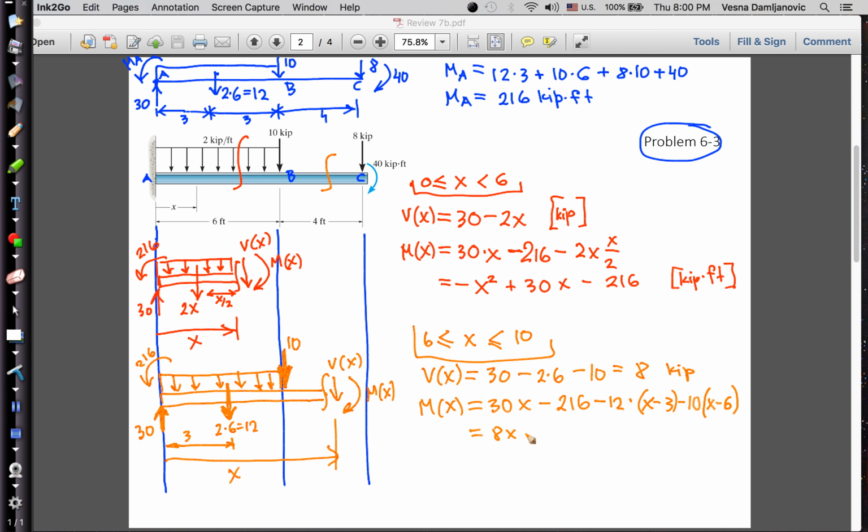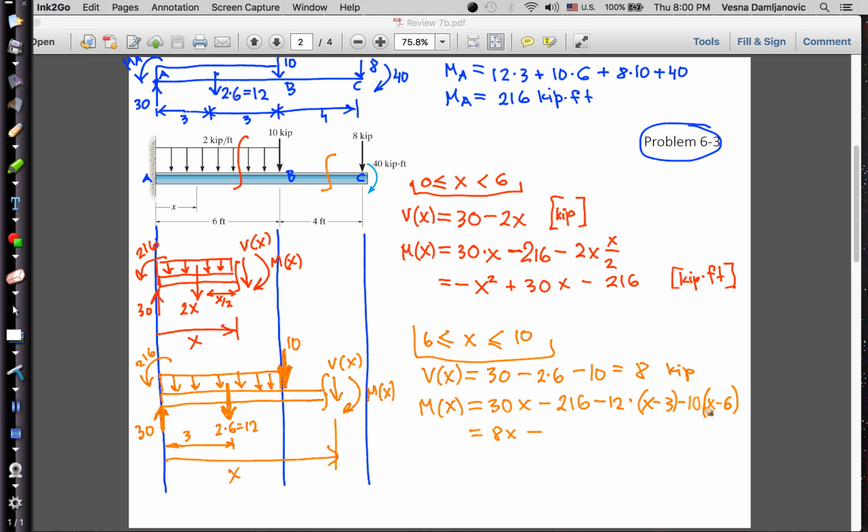And then it is going to be minus, and here we have minus 12 times minus 3 is minus 36, and minus is plus 36, and minus 10 times minus 6 is plus 60.